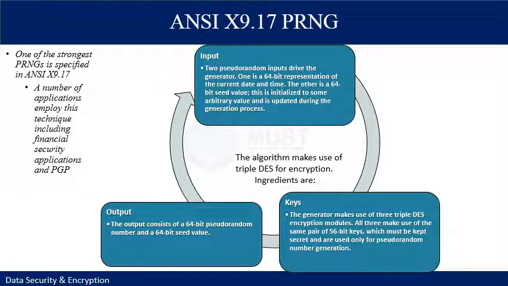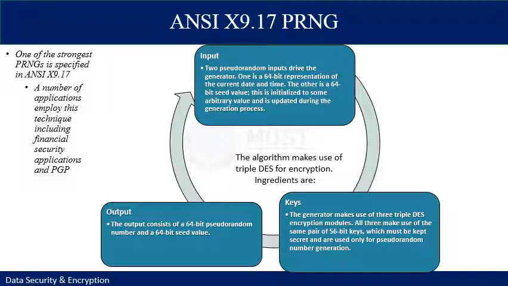One of the strongest pseudo-random number generators is specified by ANSI X9.17, and it is employed in a number of applications, including financial security applications and PGP.